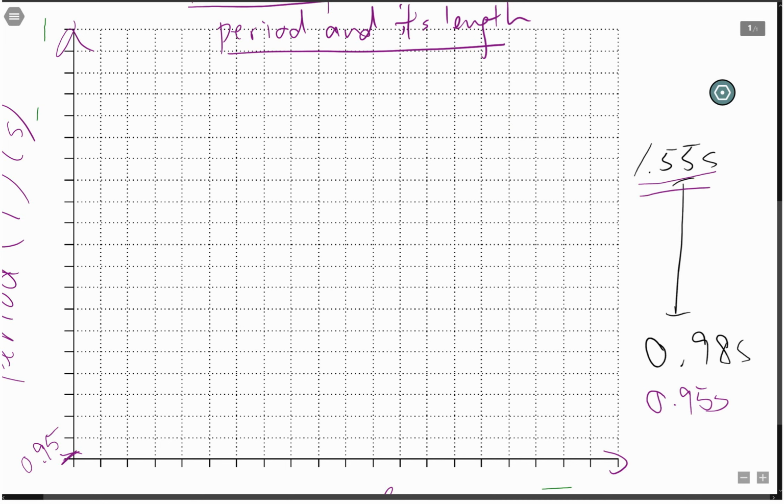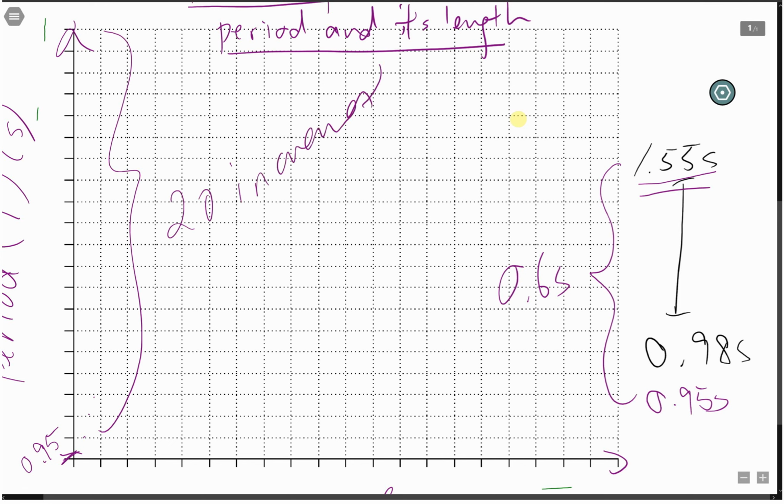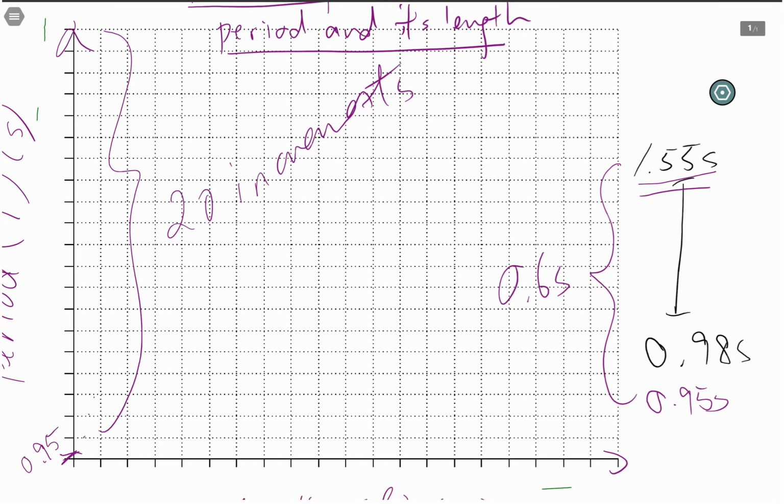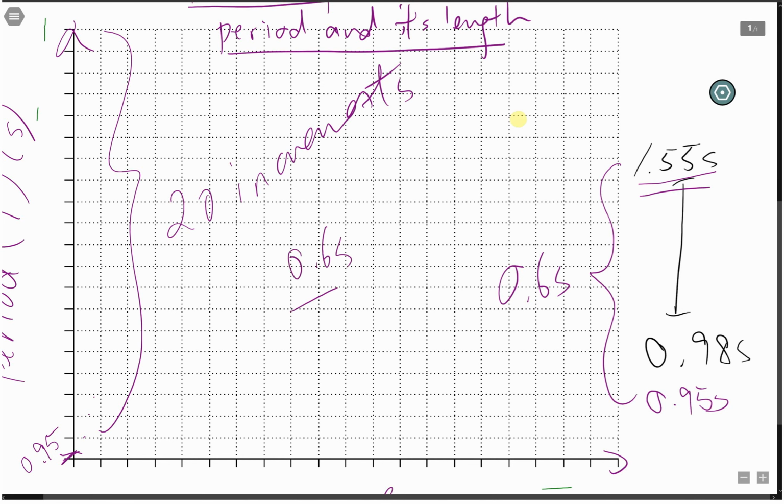How do I determine how to break all of this up? I determine that by looking at the difference between 0.95 and 1.55. The difference is 0.6 seconds. I count how many increments I have up to the top. I know this is 20 increments, which means if I want to divide this up evenly, I will take 0.6 seconds divided by my 20 increments.